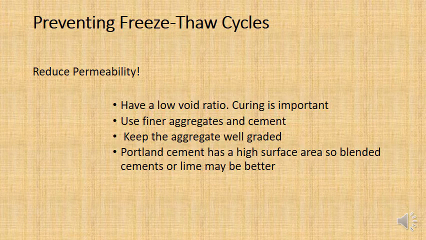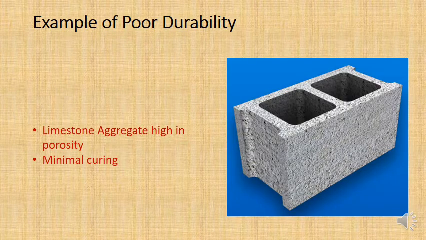And then it closes over the channels because the excess water evaporates while the concrete is still liquid, still a sludge. And so all of those ways are ways you can reduce the permeability of the concrete, and that gives it resistance to freeze-thaw cracking.